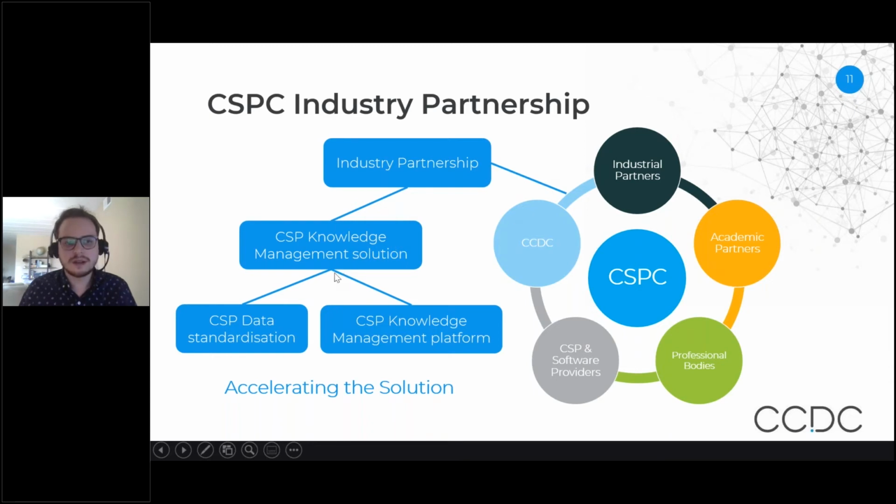All of these groups together work to make CSP knowledge management solutions, which then trickles down into CSP data standardization and the ultimate CSP knowledge management platform. And so we hope that all of these things working together accelerate the solutions that CSP provides.